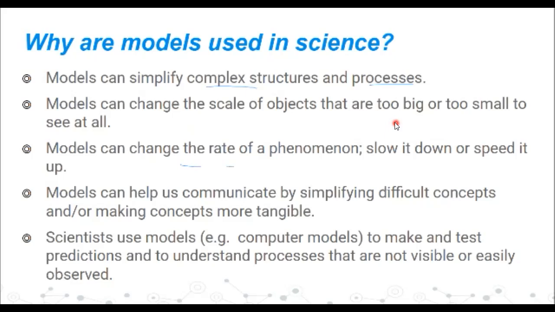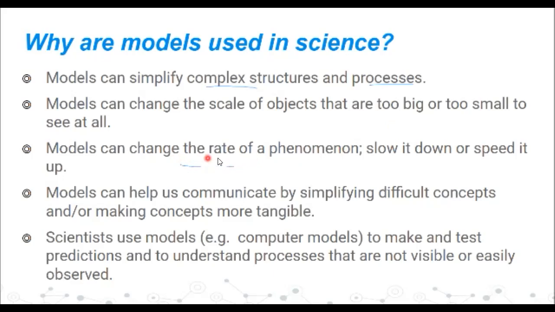There is DNA. We have the models. We have the heart. It would be too complex to study the real structure of the heart in its reality, but we have a model. So models change the scale of objects that are too big or too small to see at all.